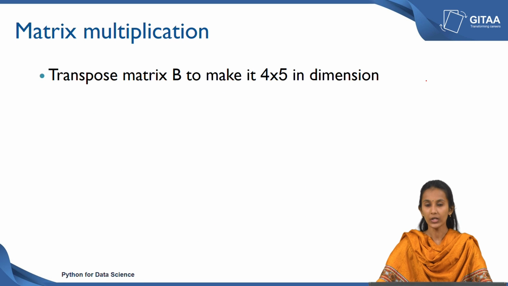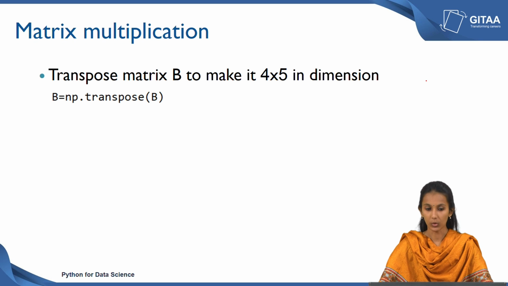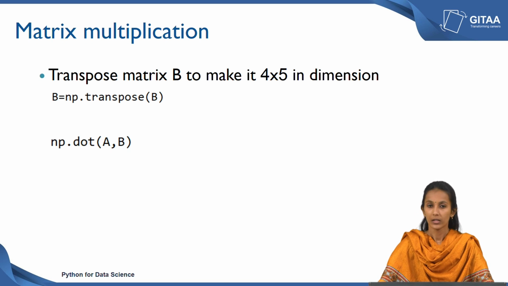So now what we will do is, we will transpose this B matrix to make it 4 cross 5 in dimension. For that we will use a command called np.transpose for the B matrix, and we will store it back in the same matrix B. So when we perform the matrix multiplication now, we will be getting an output.